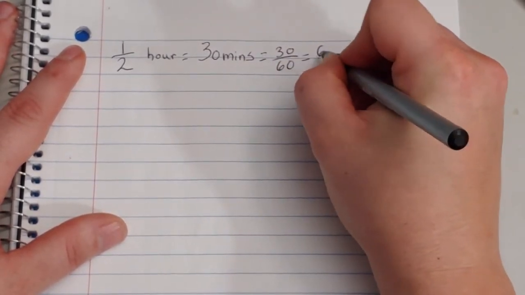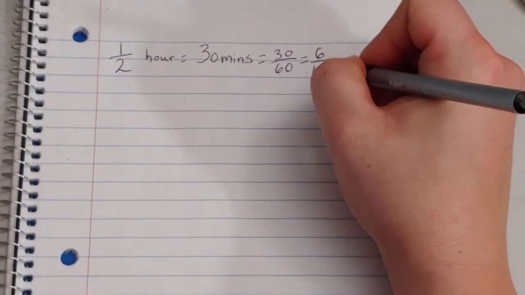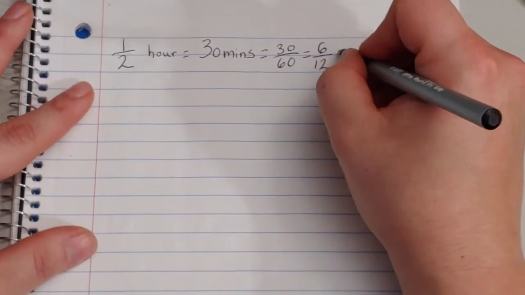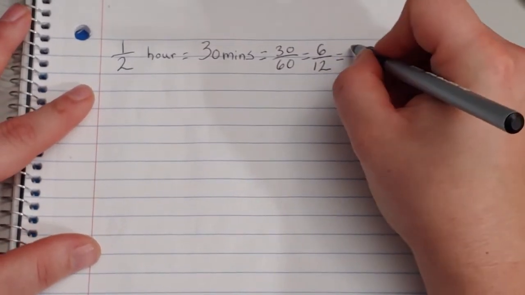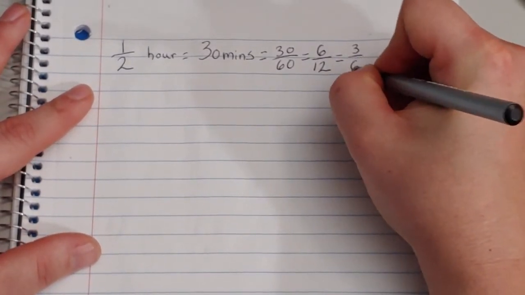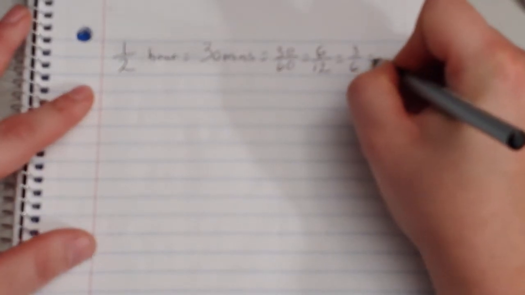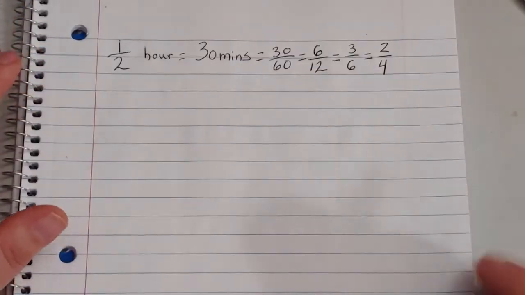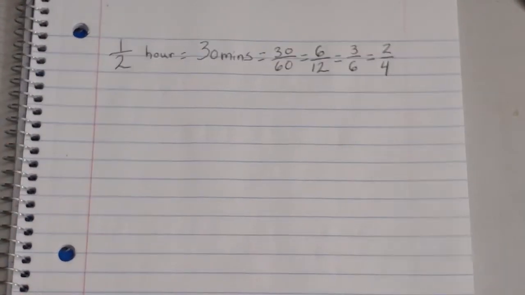You have 6 12ths, that is the 5-minute sections. We found 3 6ths and 2 4ths. All of those are equivalent.